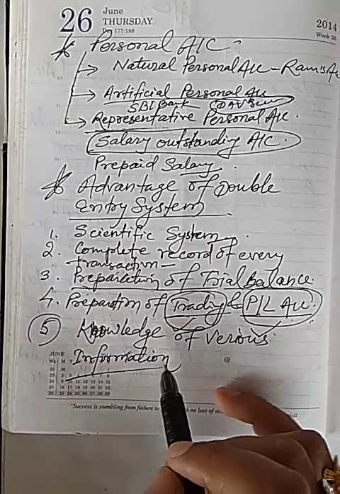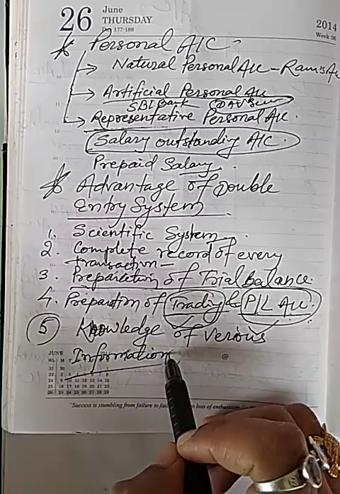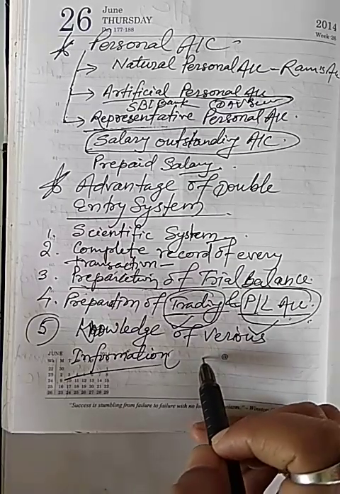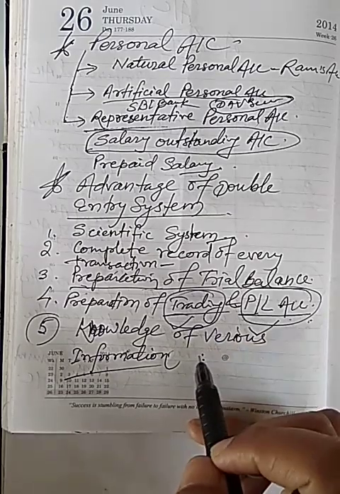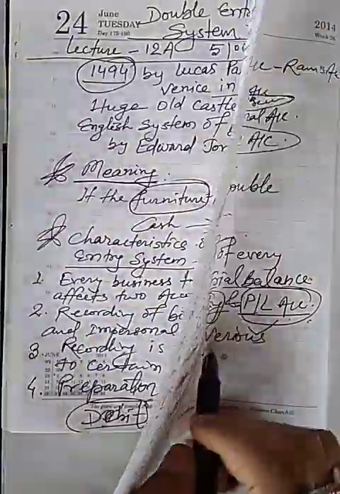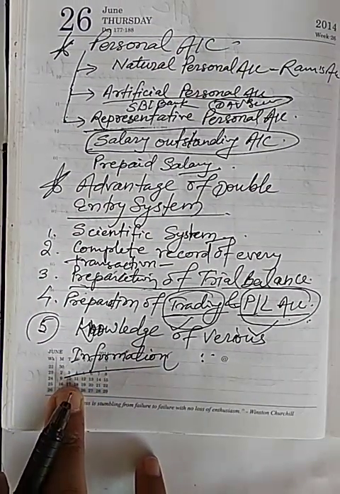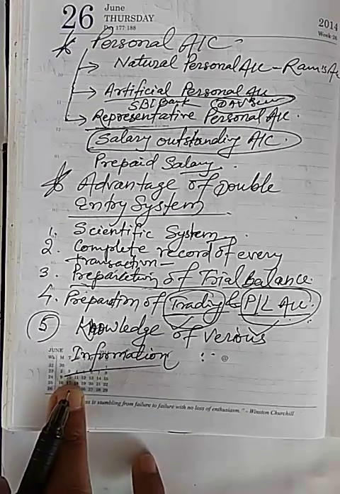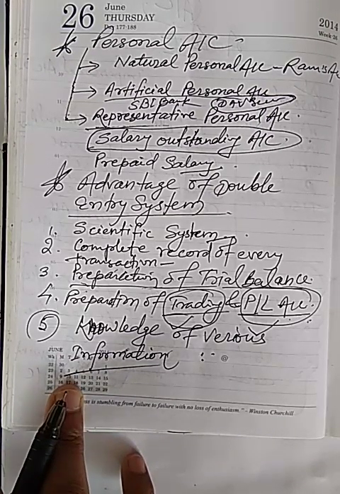In the double entry system, the accounts are maintained in such a way that the information regarding the following is readily available at any point of time.